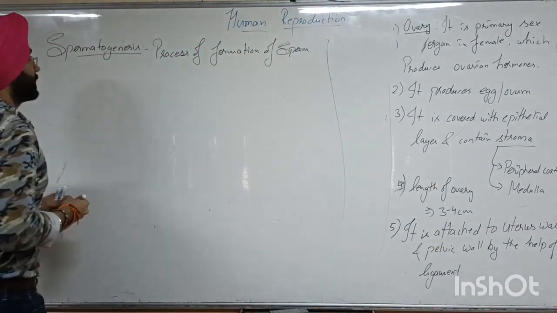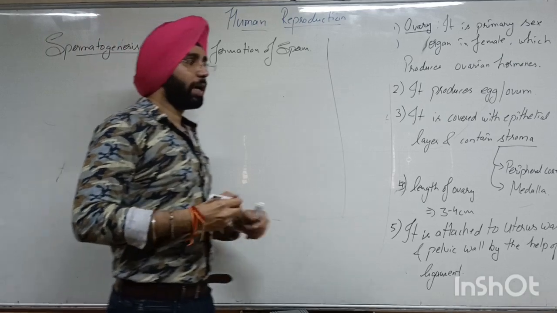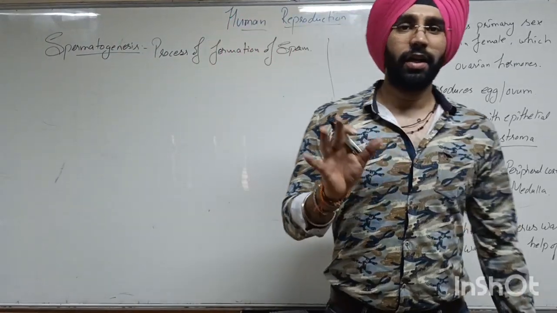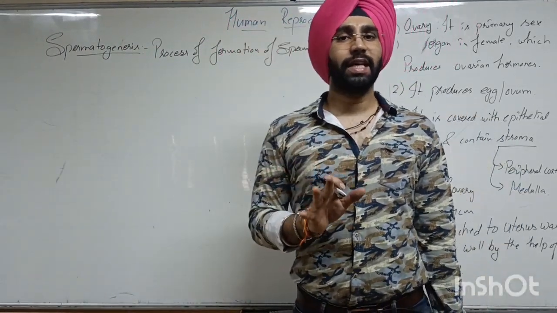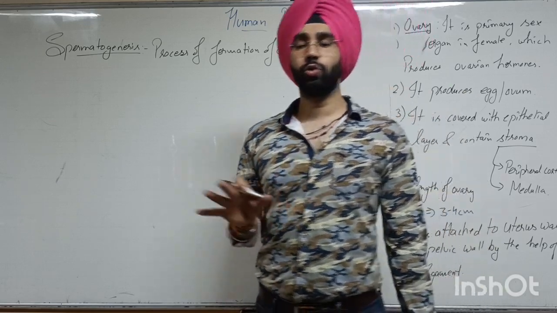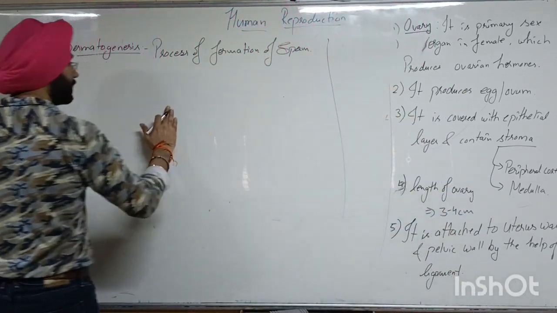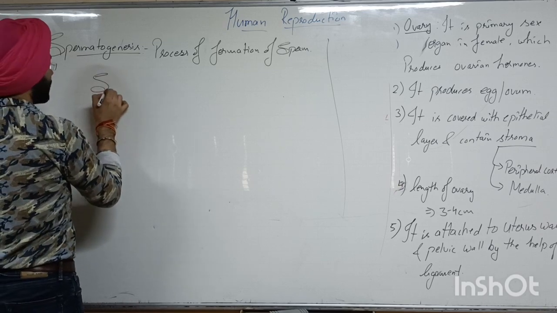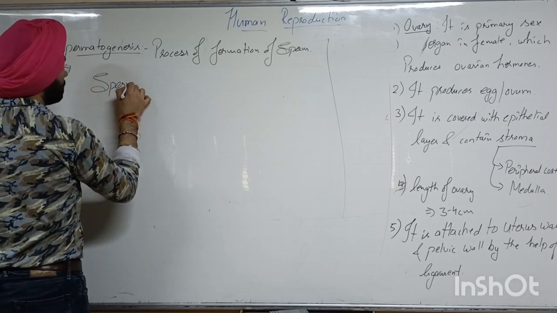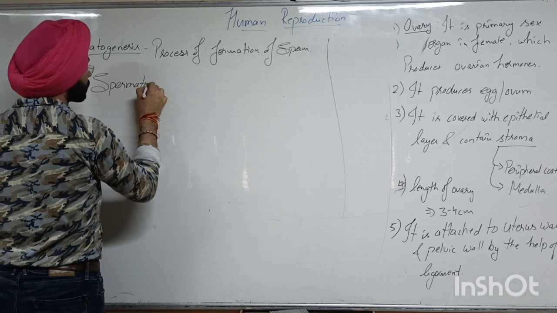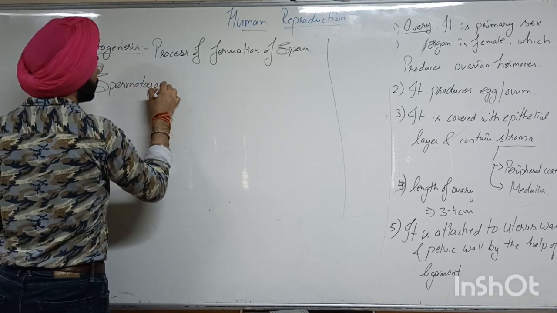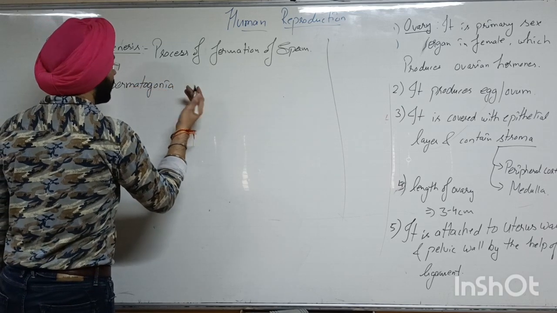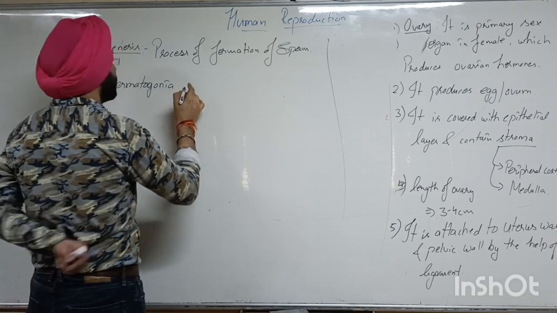So what happens is there is a cell known as spermatogonium which is attached to the Sertoli cell. I have already talked about this in the previous lecture. So that spermatogonium is over here. Spermatogonium is singular and spermatogonia is plural.